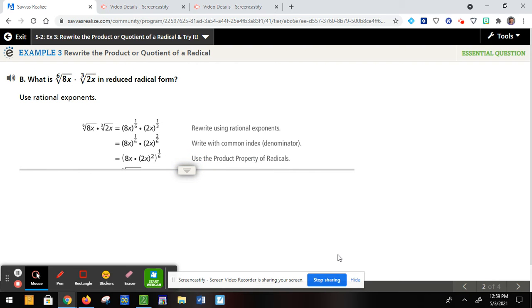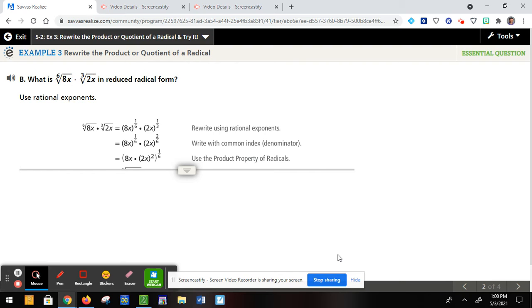Now you're going to need to write it with a common denominator on your exponent. So 1/3, with a common denominator of 6, would be 2/6. Then you can use the product property to split it out into powers of powers, right? So instead of 2x to the 2/6, you can say it's 2x squared raised to the power of 1/6.